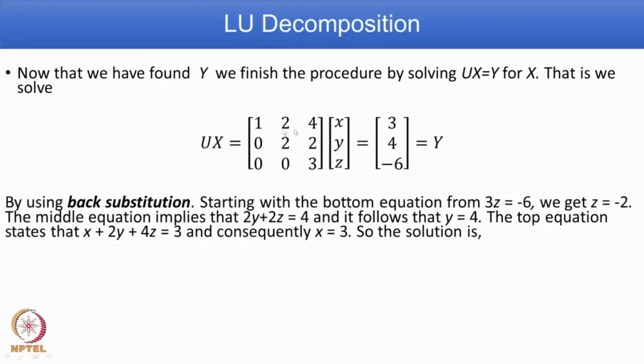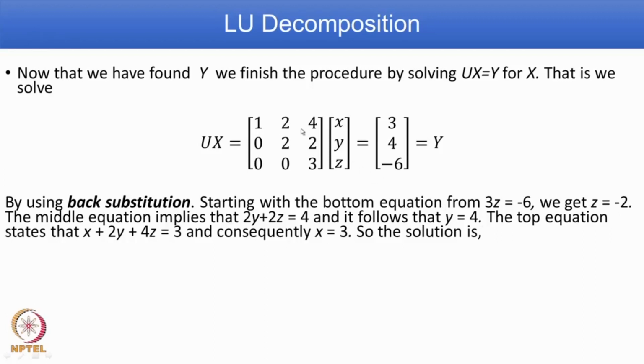Once we set up this equation, we solve by backward substitution. You can immediately observe the last row. So, 3z equal to minus 6. If you solve, you get the value of z to be minus 2. Now, take the second row. So, 2y plus 2z equal to 4, again the value of z is known, substitute and you get the value of y to be 4.